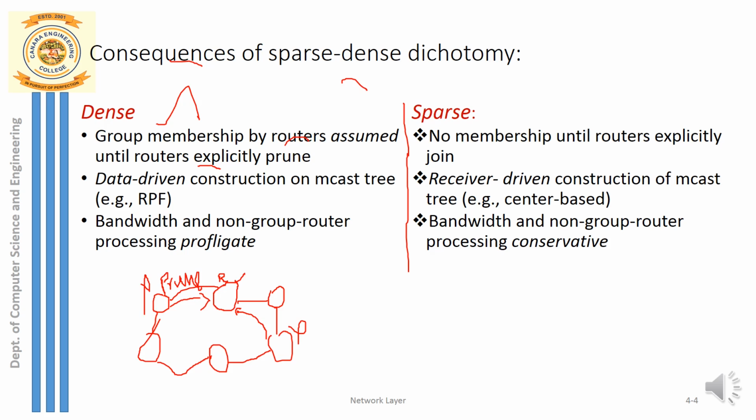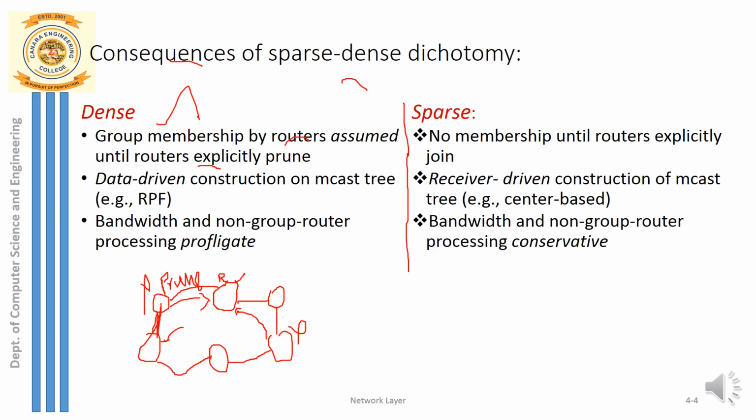In reverse path forwarding, every node that is getting the packet can accept the packet only if the packet is arriving from the shortest path. Suppose this router receives the packet from the above router.